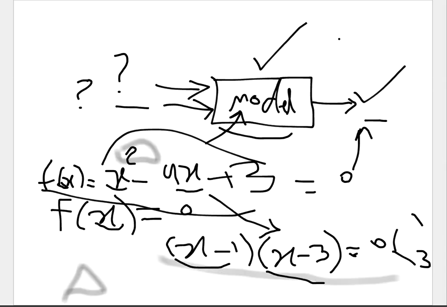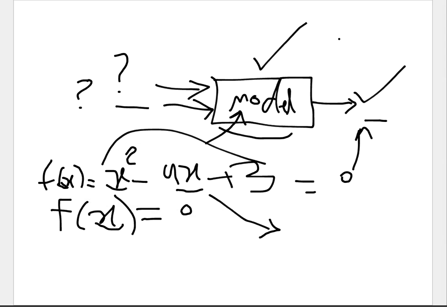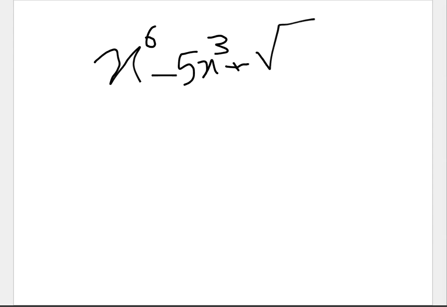But if the equation is very complicated, for example, if you have this equation, and we want the root of this equation, it is not possible to solve with a direct formula in mathematics.